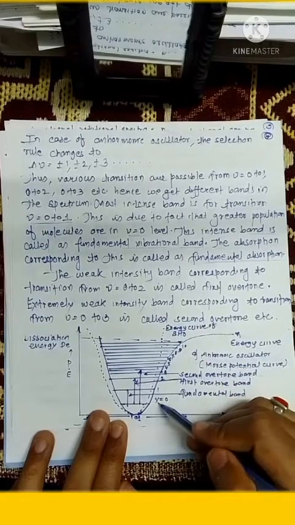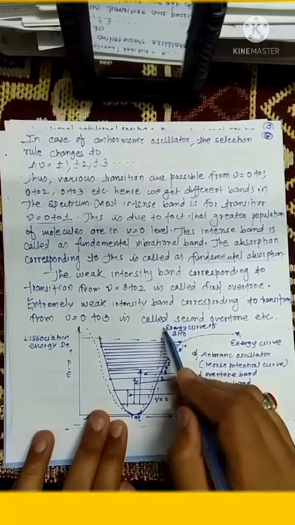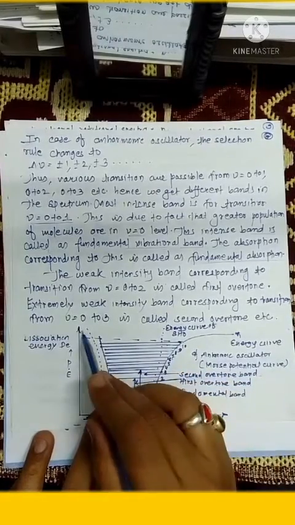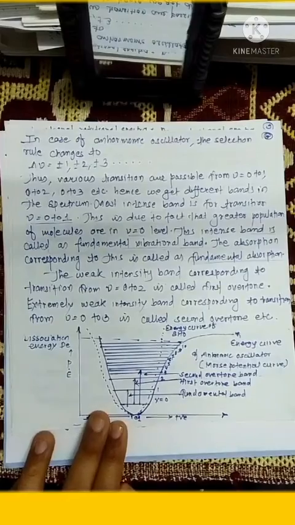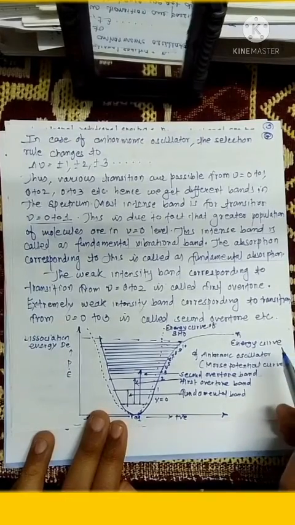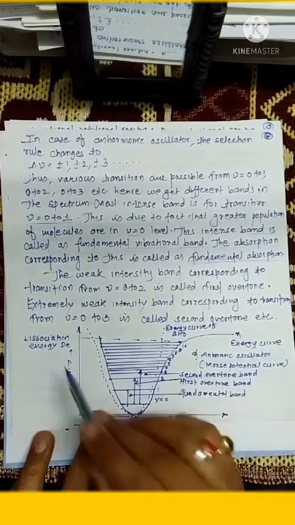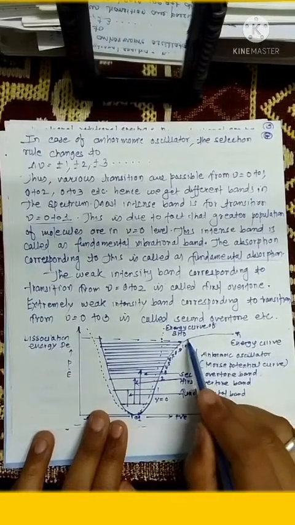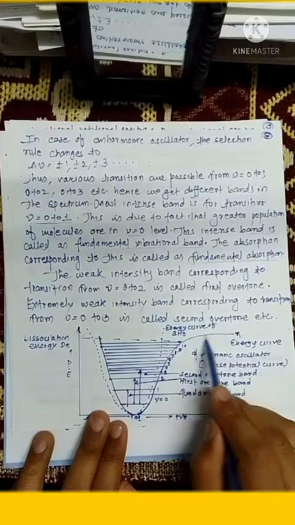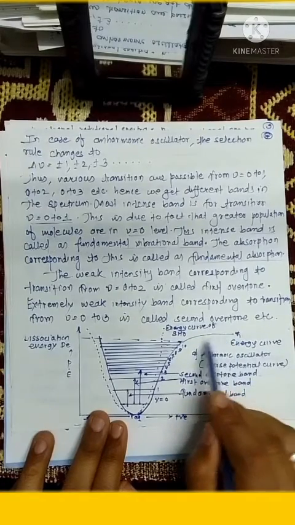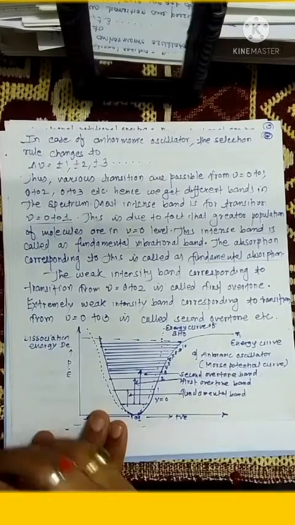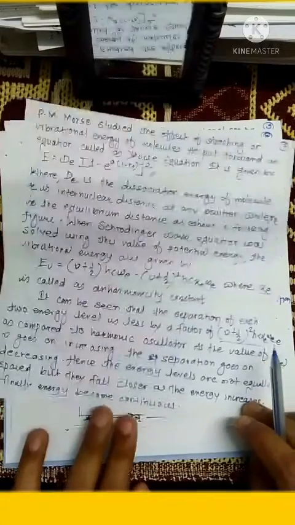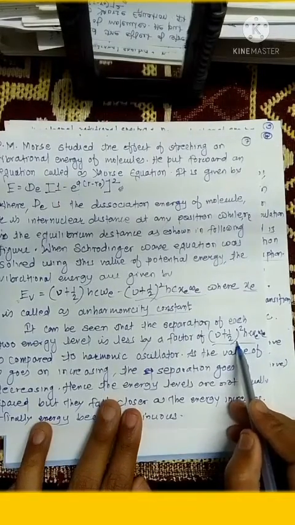It means that as the value of ν increases, potential energy increases simultaneously. But in case of anharmonic oscillator, we see that potential energy increases up to a certain level, then it becomes continuous. Why does it become continuous? Because of this factor.